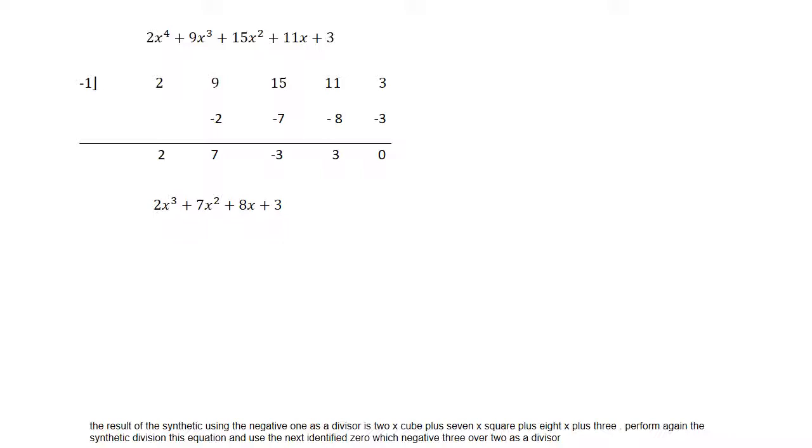Now use negative 1 as the divisor in the first synthetic division. The result is 2x cubed plus 7x squared plus 8x plus 3. Perform the synthetic division again on this equation, using the next identified zero, negative 3 over 2, as the divisor.